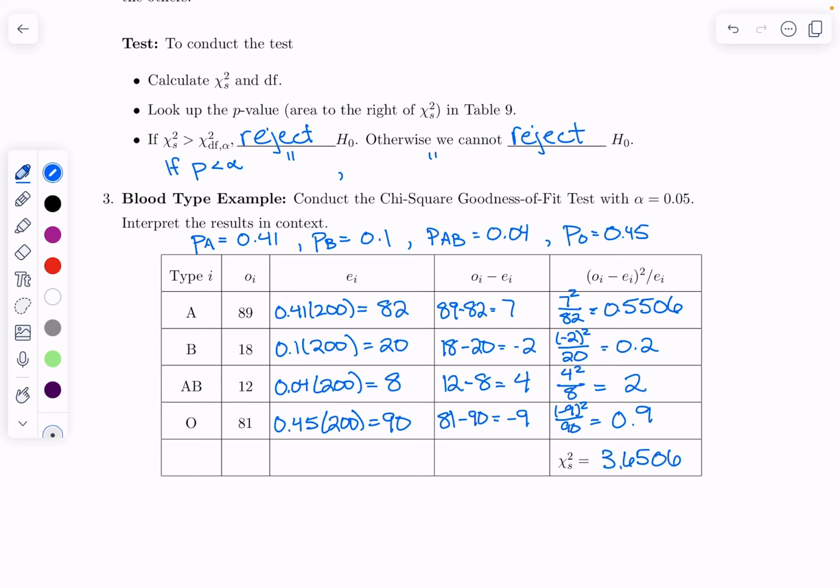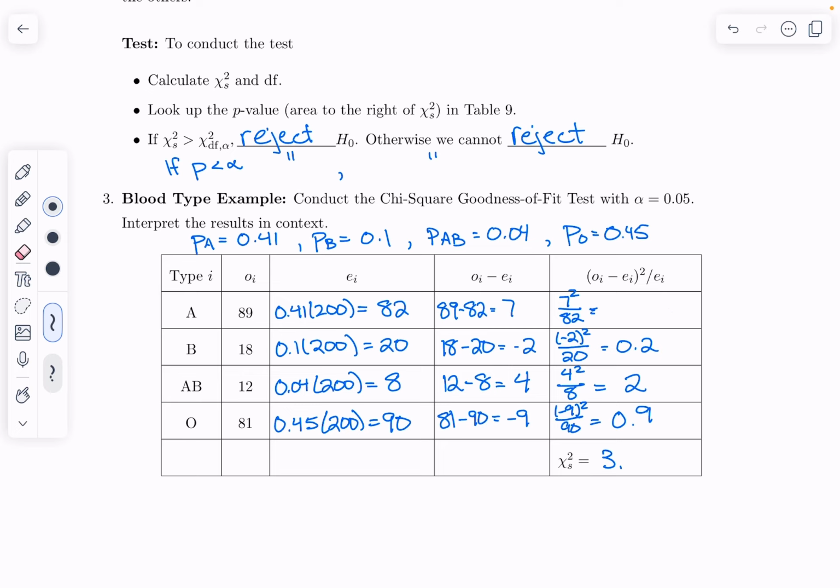Okay, now we need to check that against our chart. Actually, I'm going to revise this really quickly. I made a mistake when I calculated this first one.